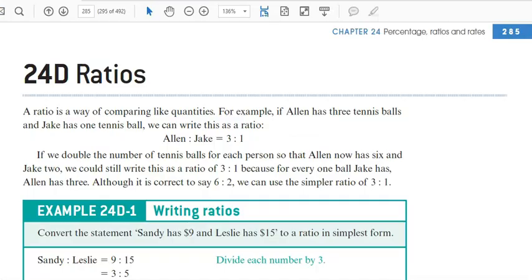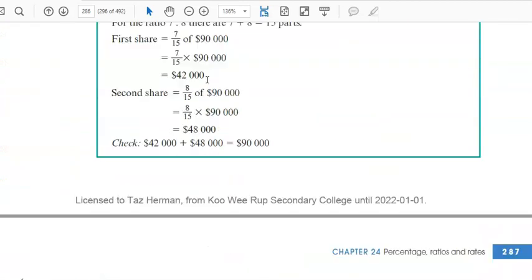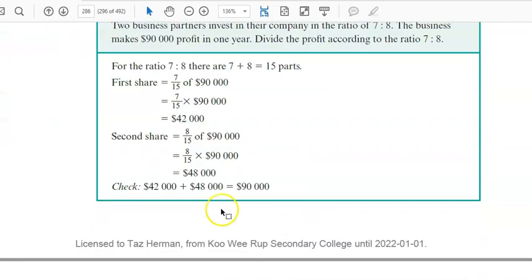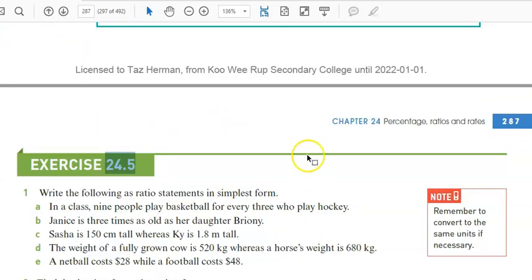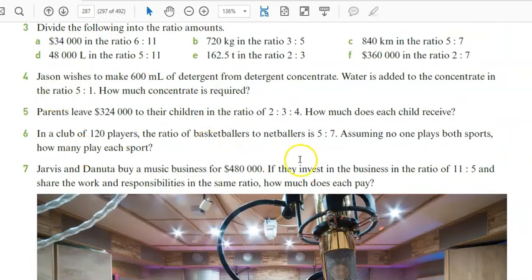Where you find the set questions, the resources are up on Compass in the relative folder. It's page 285, Exercise 24 ratios. The actual questions themselves are the examples that I showed you, which I already did up on Photoshop before. 24.5 on page 287 is where the questions start. You're tackling questions from 1 all the way to 7.